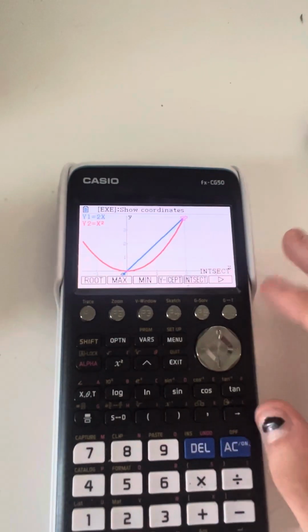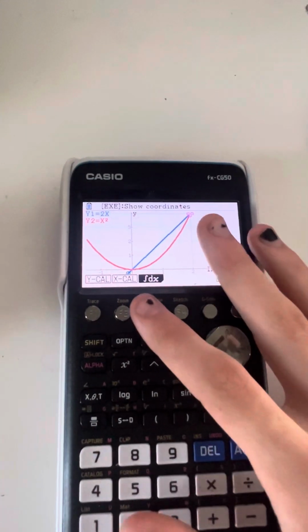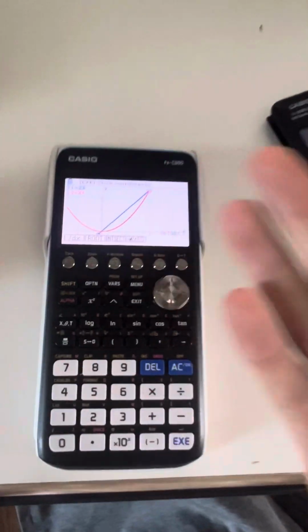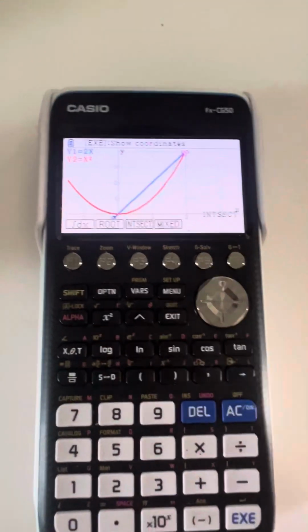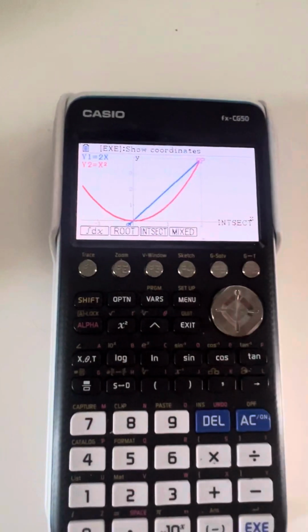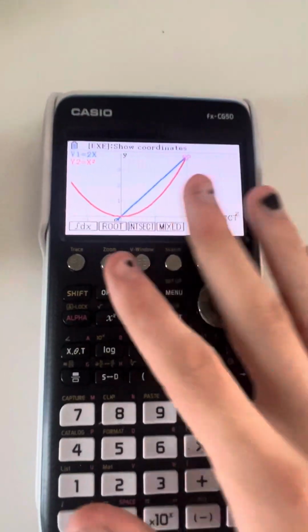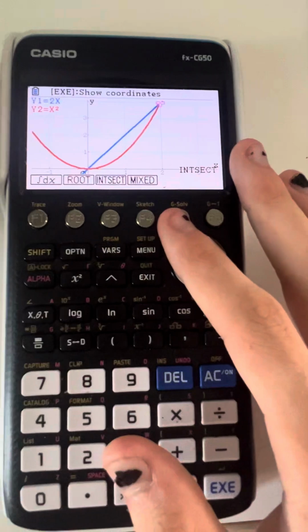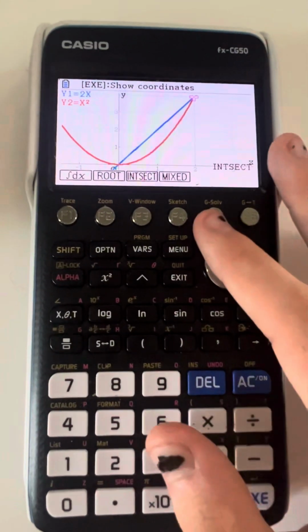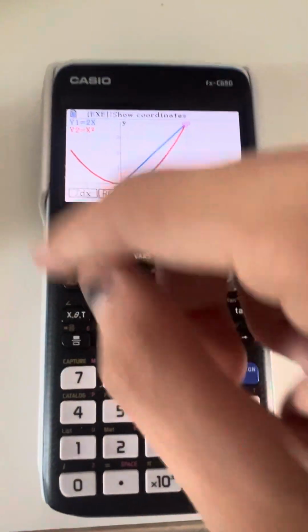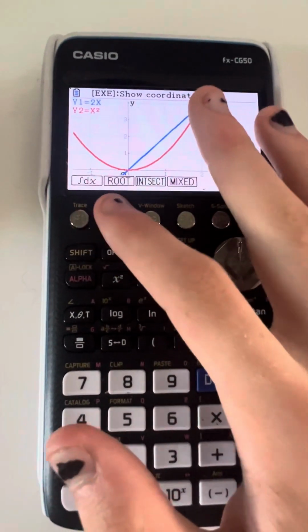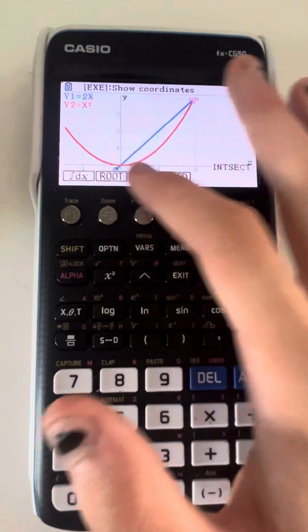But let's build on this. The integral. This is actually what you're going to be doing a lot of in calculus: doing integrals between two curves to find the area enclosed, or maybe just the area under one curve. You can use an integral function. You just go to G-Solver and hit the little integral with respect to x. You can pick between roots, basically between zeros.